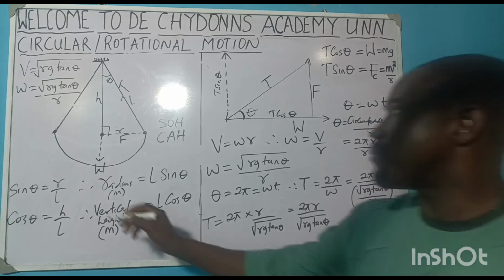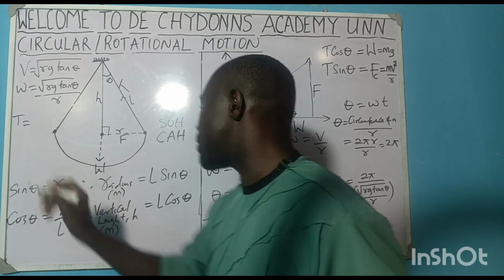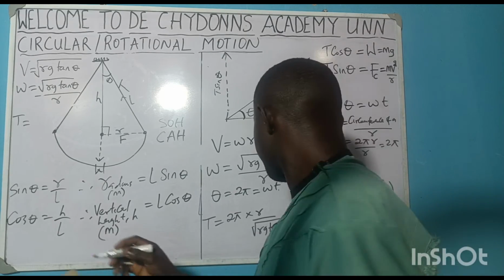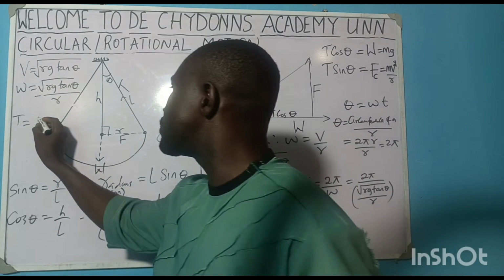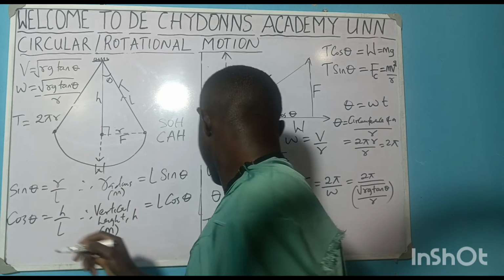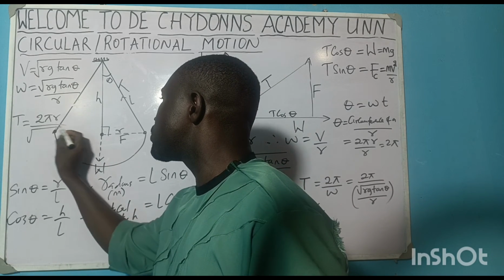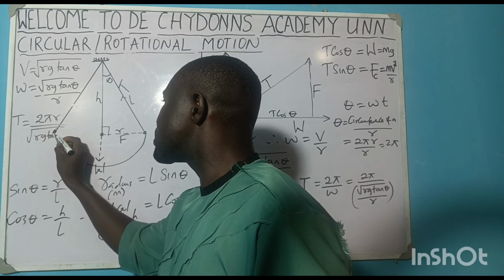So we have gotten our period to be 2 pi R all over the square root of Rg tan theta.